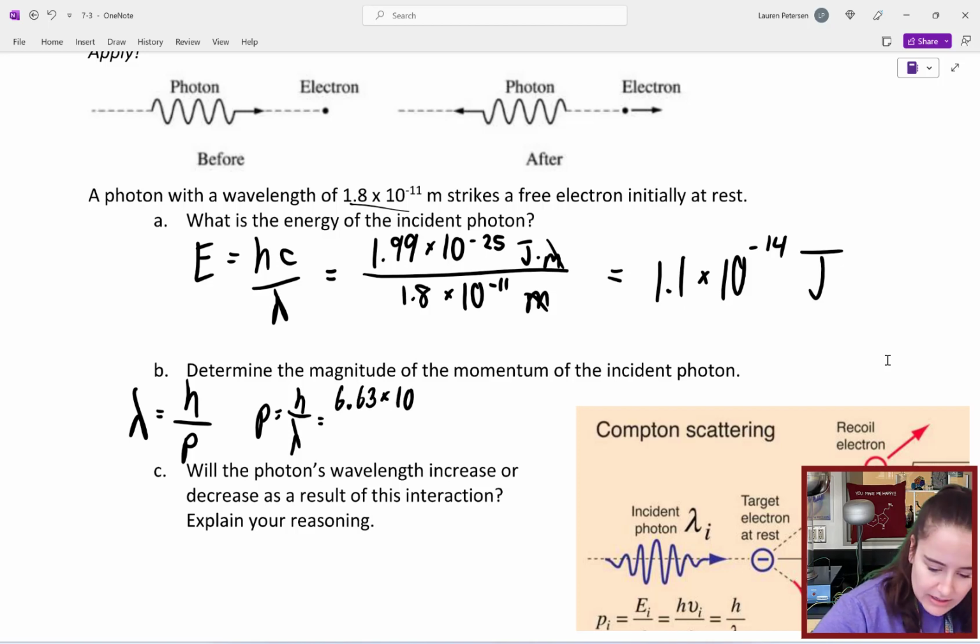Times 10 to the negative 34 joule seconds. And then we're going to divide that by its wavelength, 1.8 times 10 to the negative 11 meters.